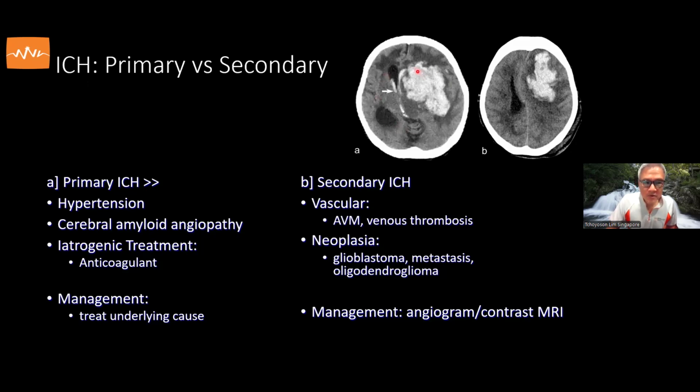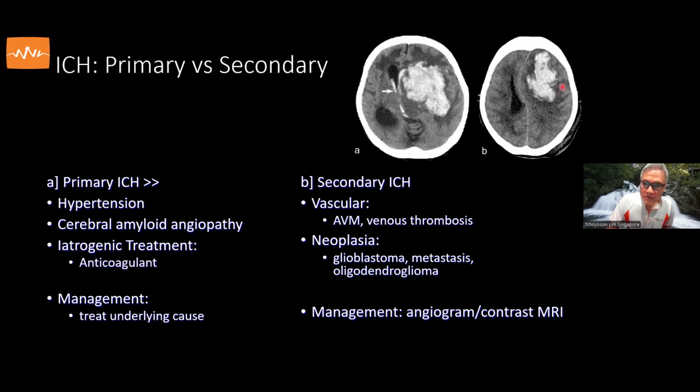These primary are usually in the deep structures, particularly the basal ganglia and the pons or the thalamus, caused usually by hypertension, and the treatment is to treat the underlying hypertension, or if the patient has had anticoagulant treatment resulting in iatrogenic bleeding, to stop the anticoagulant treatment.